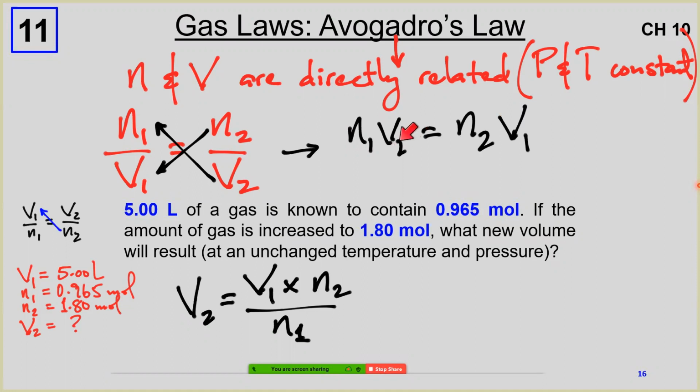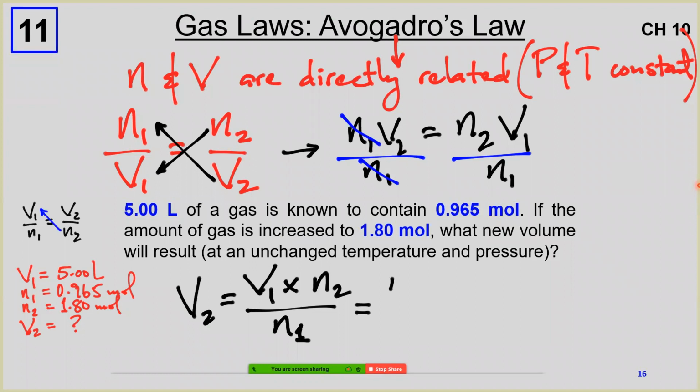We want to isolate V2 by itself, so you divide both sides by N1, and N1 cancels. So what you get is the same thing by doing this method. Okay, thank you.